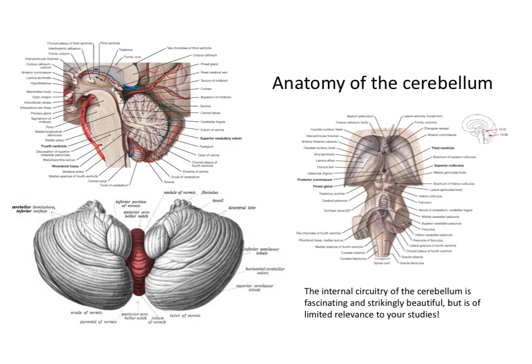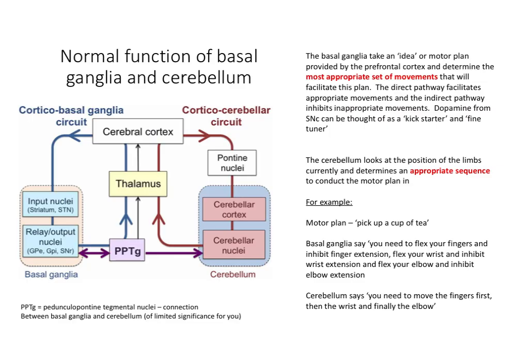We don't quite know what it's telling us, but it must be telling us something, because we know how structure and function are so closely related. So I don't expect you to know a great deal of detail about the circuitry within the cerebellum. However, it is more important that you appreciate the way that the cerebellum connects with other parts of the CNS. So that's the anatomy of the cerebellum at its most basic level.